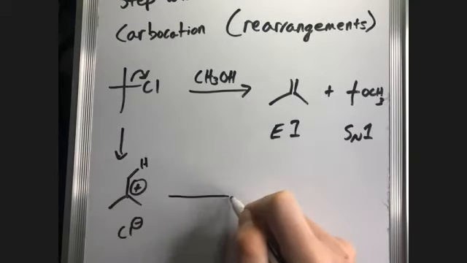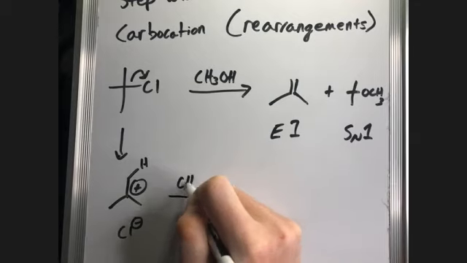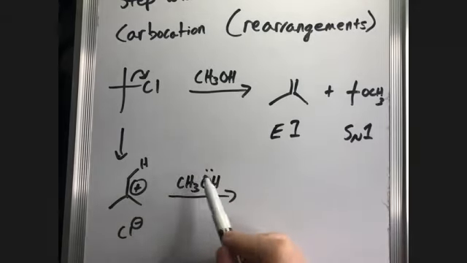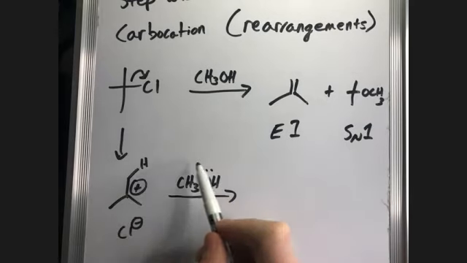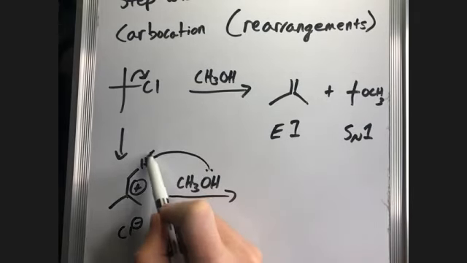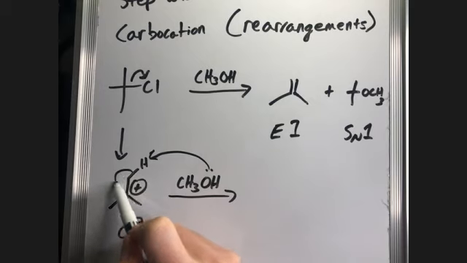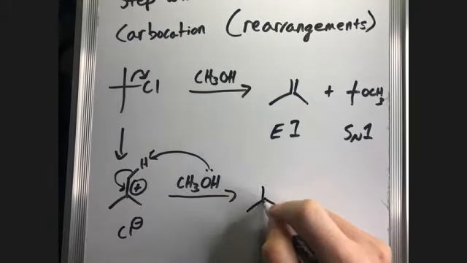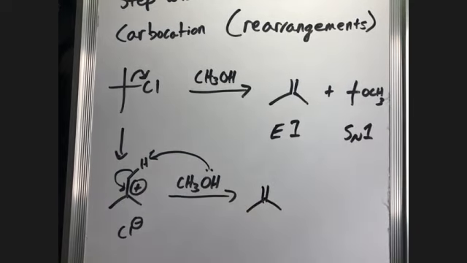So in E1, the methanol functions as a base instead of a nucleophile. When it's functioning as a base, it's going to remove this acidic proton. And then at the same time, this hydrogen will cleave, and you get the alkene product.